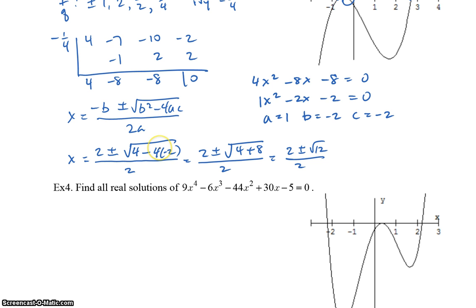Now 12 is 4 times 3, and the square root of 4 is 2, so this can be written as 2 plus or minus 2 times the square root of 3, over 2. And then since we can divide both terms by 2, we can write this as 1 plus or minus the square root of 3.